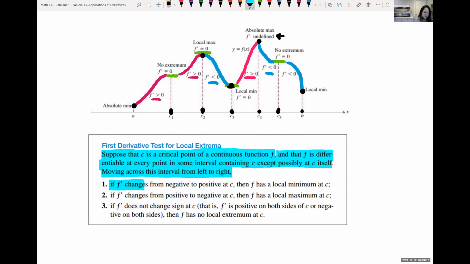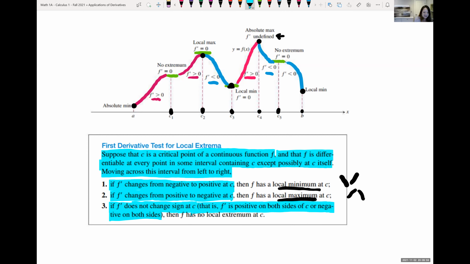If our derivative changes from negative to positive at C, we're going to have a local minimum at C. And if our derivative changes from positive to negative, we're going to have a local max at C. But it's possible, and we saw that in that picture above, that the derivative doesn't change signs at C. So f prime is either positive on both sides of C or negative on both sides of C, and then the function f has no local extrema at that C value.